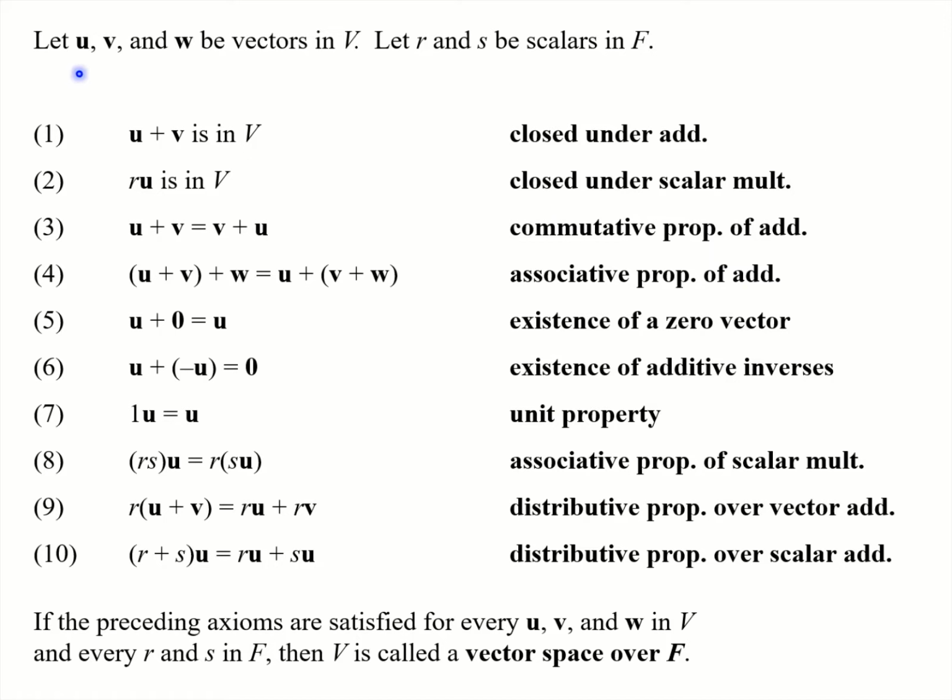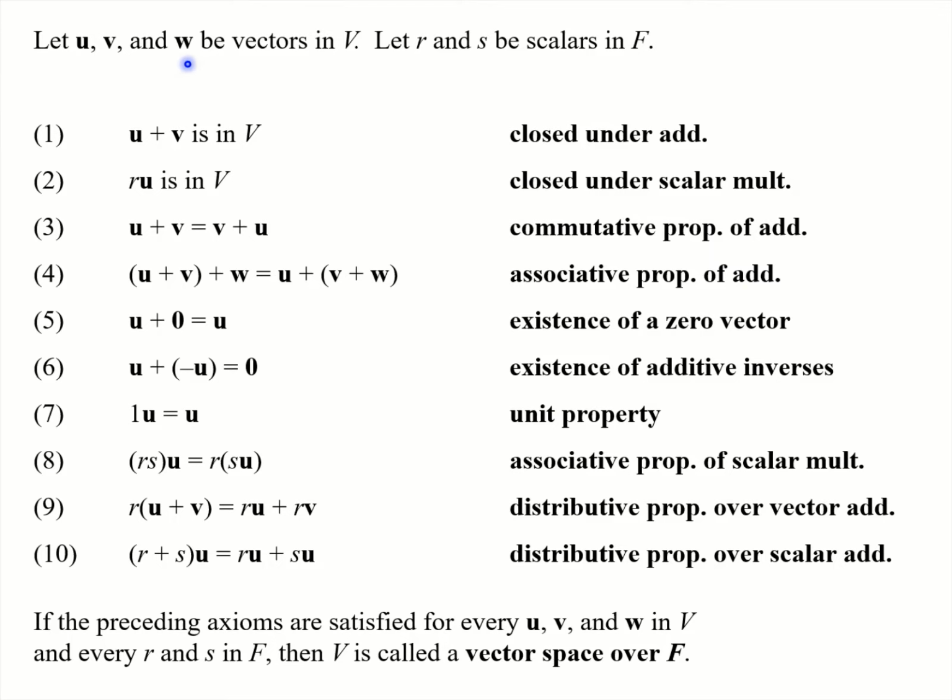Your vectors u, v, and w might be matrices, polynomials, or even colors. So now this is going to become more general. Vectors are not necessarily arrows.